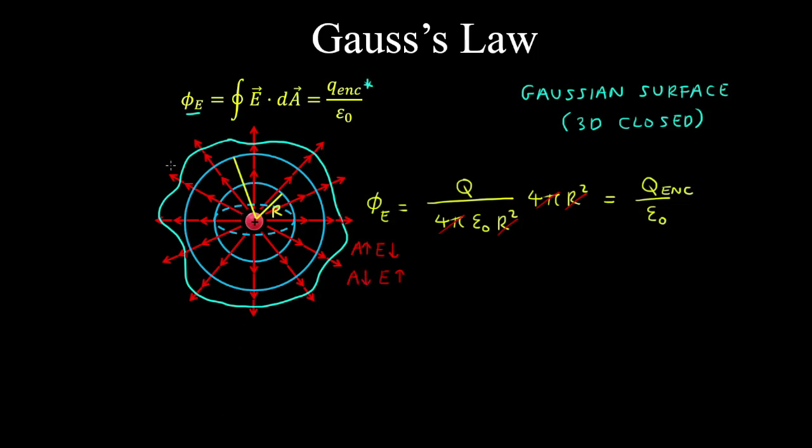So these cumulative effects will result in the flux being constant. Or another way to look at this is the electric flux through this smaller surface is going to be equal to the electric flux through this larger surface.